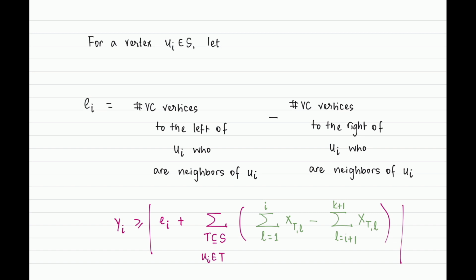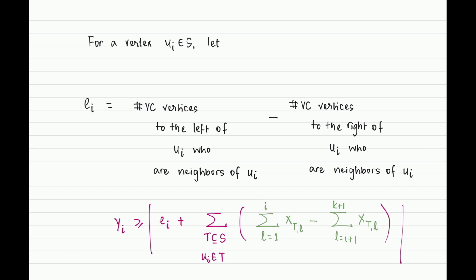And you might remember that the imbalance is defined as the absolute difference between the left and the right neighborhood of a vertex. So we do need to take this entire expression and put it inside an absolute value expression. So that's what is being done here. Those bars here really correspond to the absolute value notation. And now what we have also done is we have introduced k variables to track the imbalances of the k vertex cover vertices.